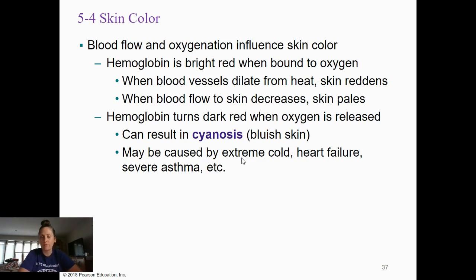But at no point is it actually blue. That bluish tint to our skin is called cyanosis. And that's a clue that you are either lacking in oxygen, or you're really cold, or maybe you have severe asthma. In some way, shape, or form, you're not receiving the oxygen that you need.